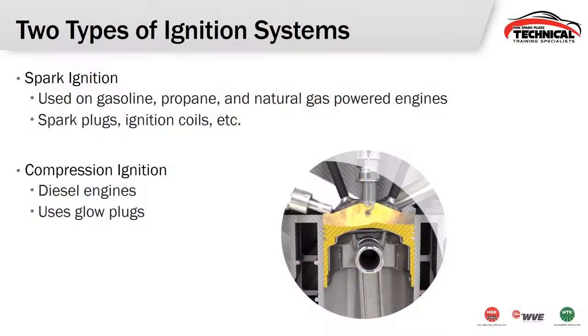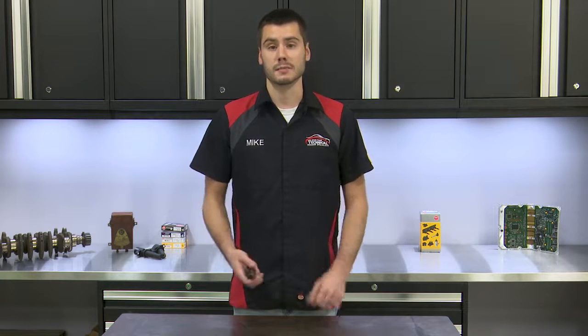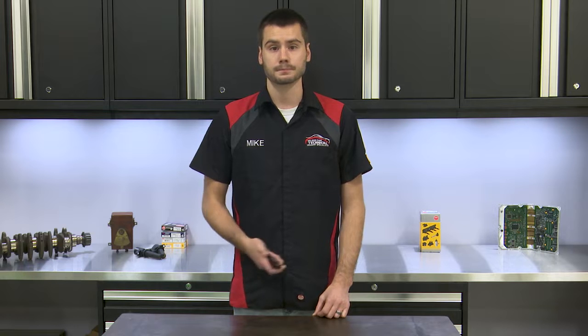They actually use glow plugs, and the goal of compression ignition is to use pressure and heat to start that combustion event inside of the cylinder instead of a spark plug and a spark in there. So they operate a little bit differently, but again, they both do the same thing. They both are on the vehicle to ignite the mixture inside of the cylinder.